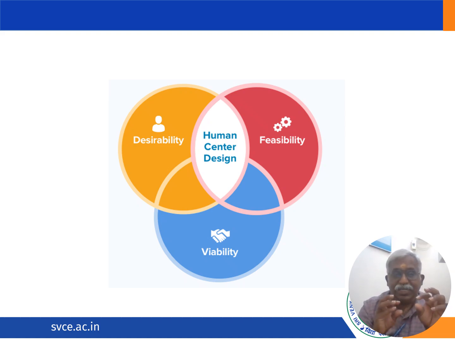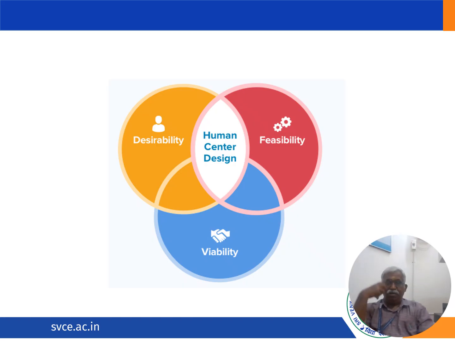Here, human-centered design is a combination of desirability, feasibility and viability. Is it desirable? What are the desirable things we need? We have a problem, a definition of the problem, and with that empathetic manner, we will have some desire.